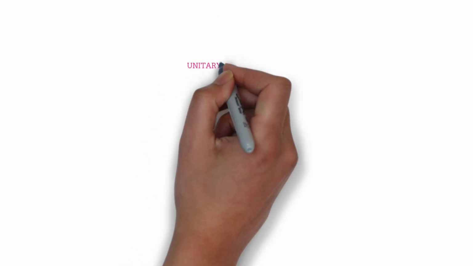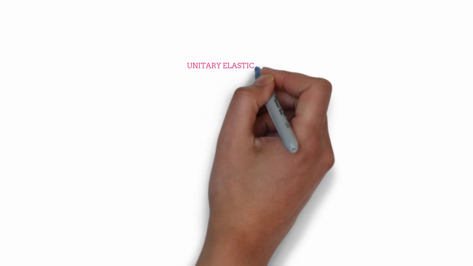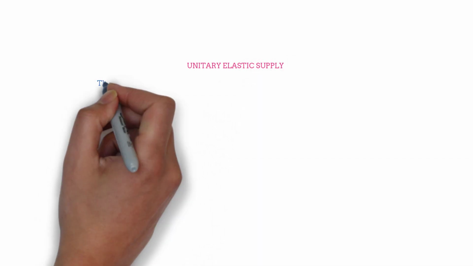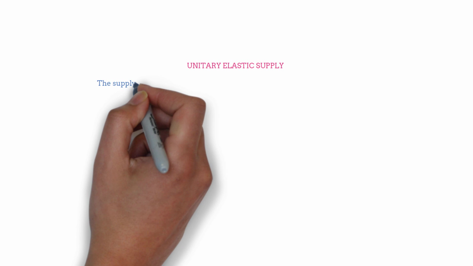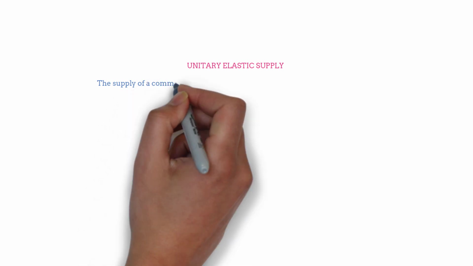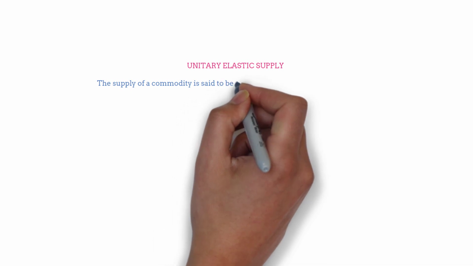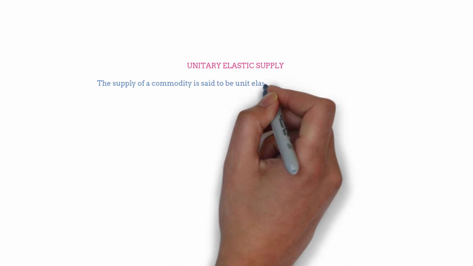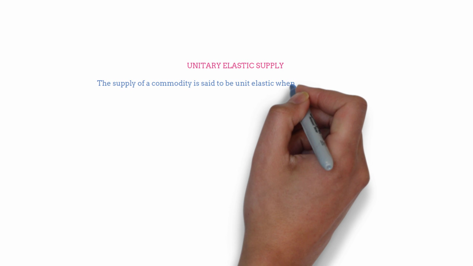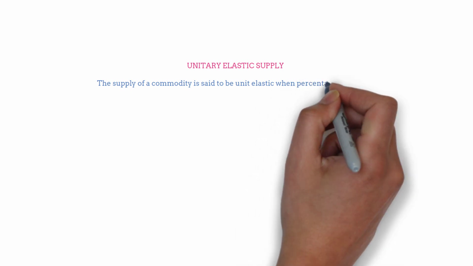And in the third category, we have unitary elastic supply. Unitary elastic supply means 45 degree, as we say the supply curve SS, which is a 45 degree line, represents unitary elastic supply curve.